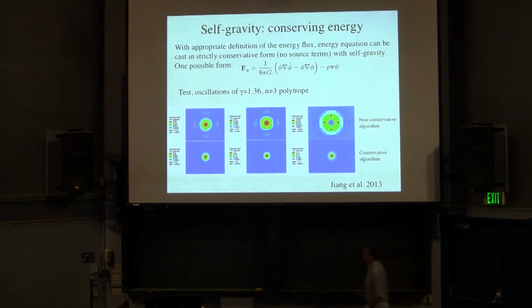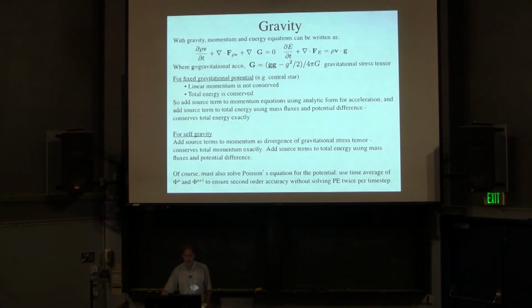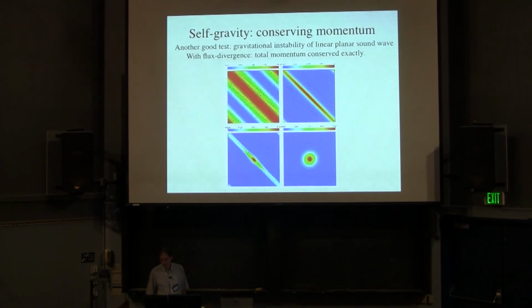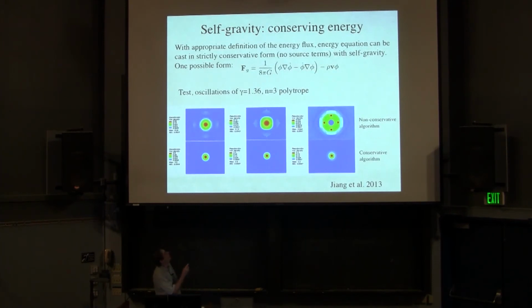And so if I go back to my equations, you would replace this term here, this source term in the energy equation, with a divergence of Fg, a divergence of a flux, and this is one form of the energy flux with self-gravity that will preserve energy exactly.